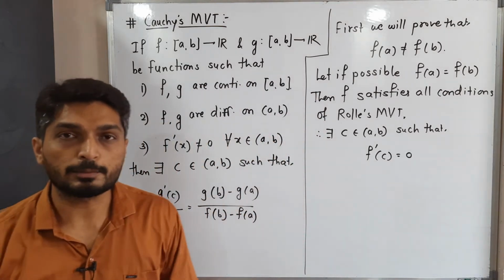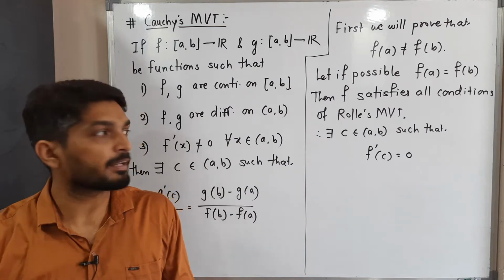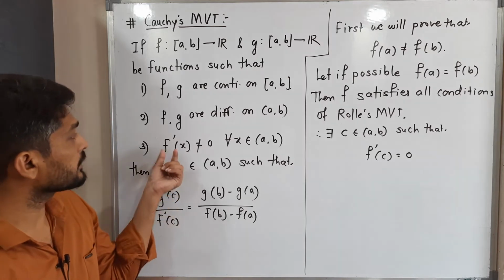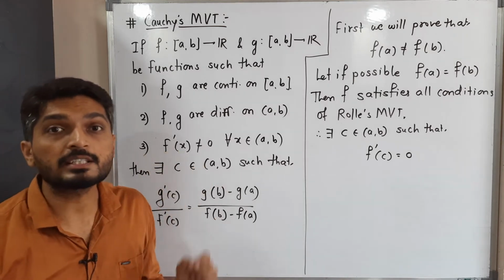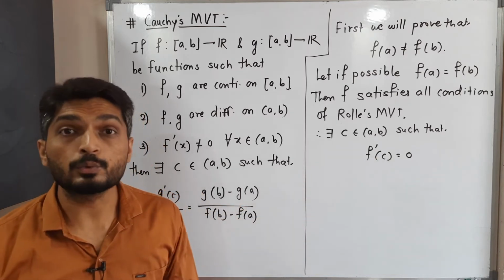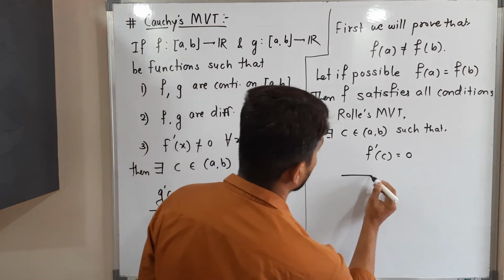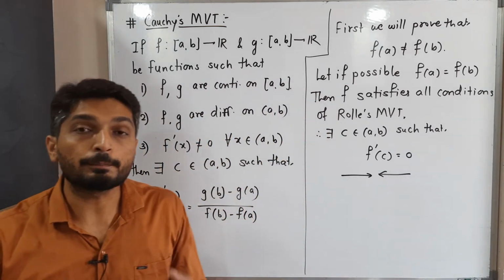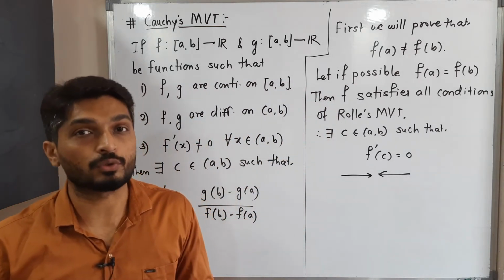Will it be possible? By Rolle's mean value theorem, definitely it will be possible, but in this theorem, they have given the condition that f dash of x will never be 0. And here we are getting it equal to 0. So we get a big contradiction here. Why are we getting a contradiction? Because our assumption is wrong.